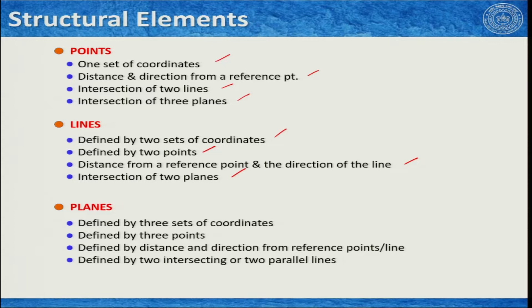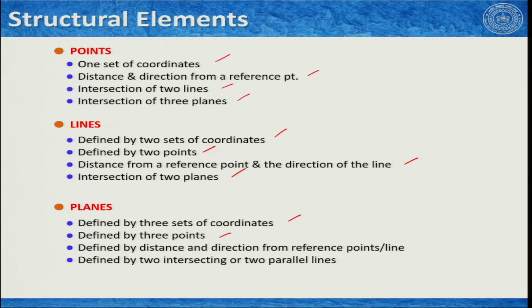The planes you can define by three sets of coordinates, and it can be defined by three different points. It is defined by the distance and direction from reference points or lines, and defined by two intersecting or two parallel lines. These we have learned in our school, and we actually use this concept to get all the structural measurements.